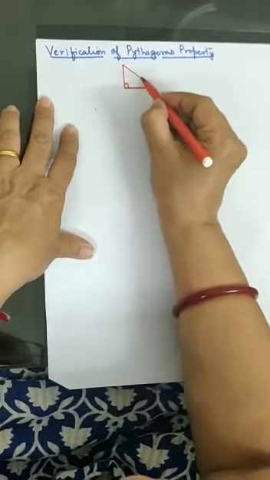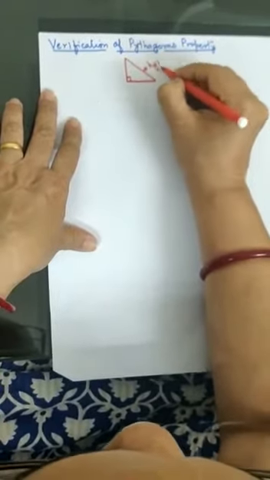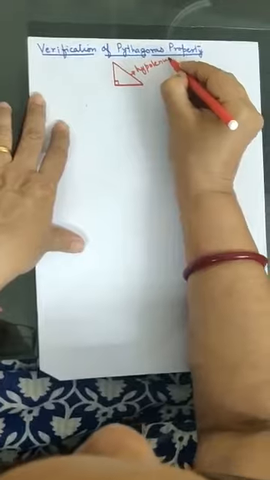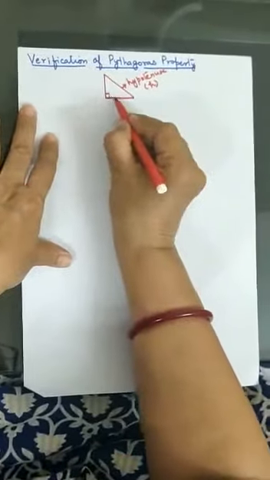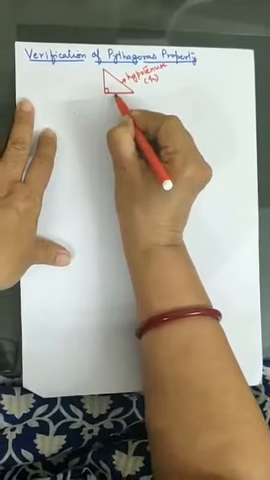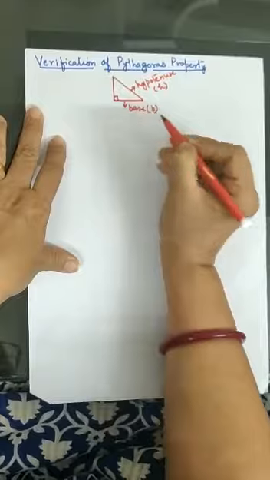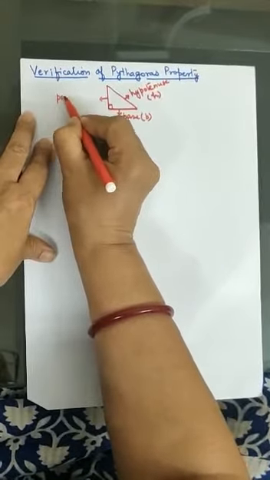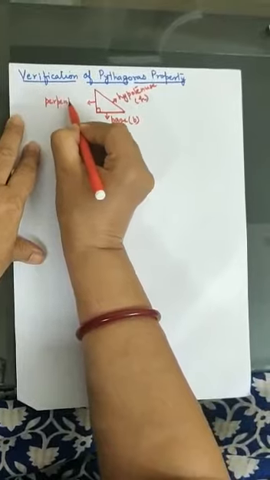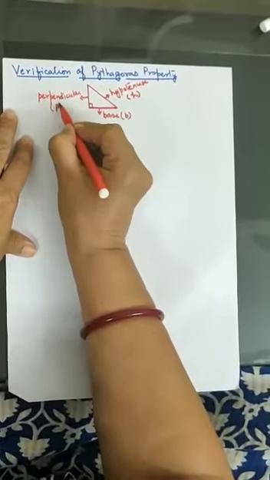Now this side of the right angle triangle is called hypotenuse. The short form is H. This side of the right triangle is called the base. Short form is B. This side of the right triangle is called perpendicular. The short form is P.